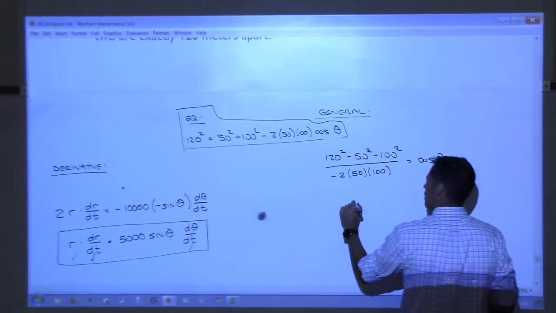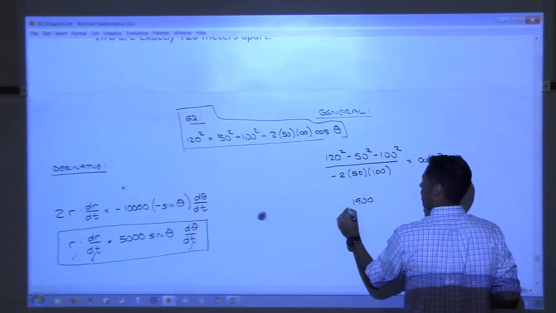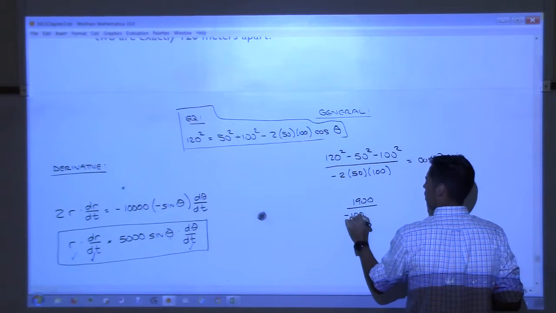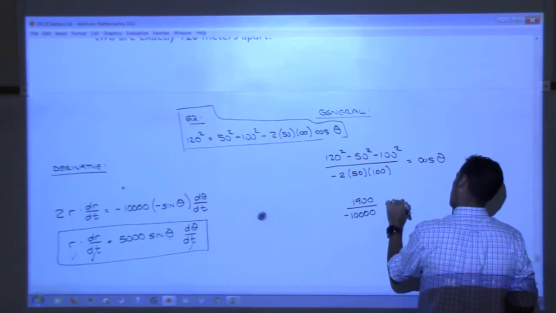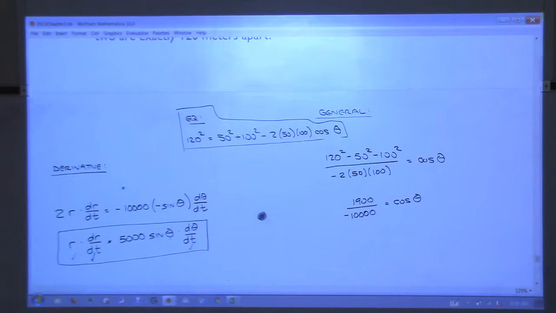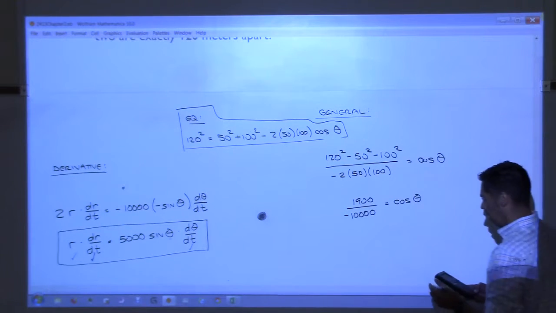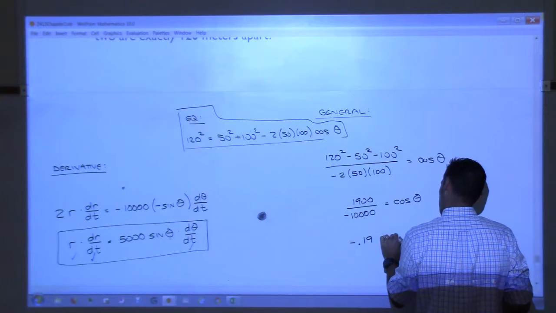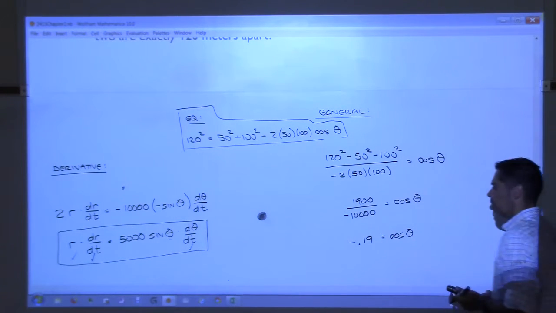Okay, so in the numerator I'm getting 1900. And in the denominator, didn't we already say that was negative 10,000? We good? So now 19 divided by 10,000 and get a decimal here, negative 0.19 equals cosine theta. Now what?